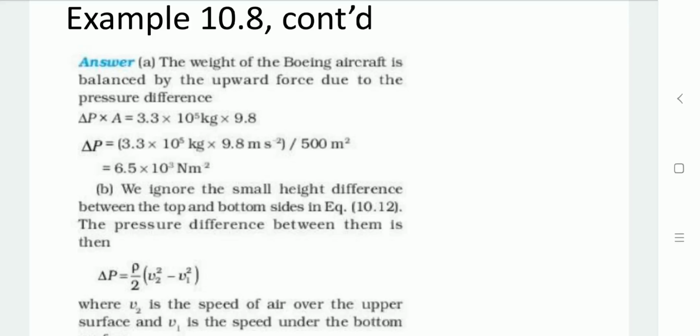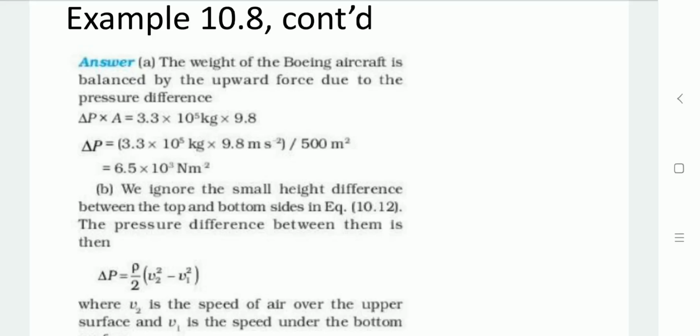The mass of the aircraft is 3.3 × 10^5 kilogram, and g is taken as 9.8. So F equals mg and F equals ΔP × A. By equating both equations, we have ΔP × A equals mg, so ΔP equals mg/A. Substituting all the values, the pressure difference is 6.5 × 10^3 Newton per meter square.